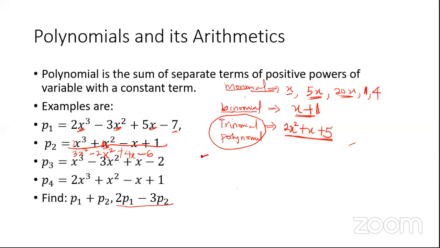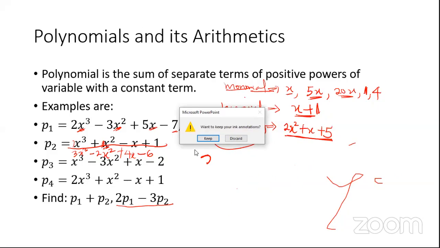So P1, I'm going to multiply by... so if I multiply that... Okay.